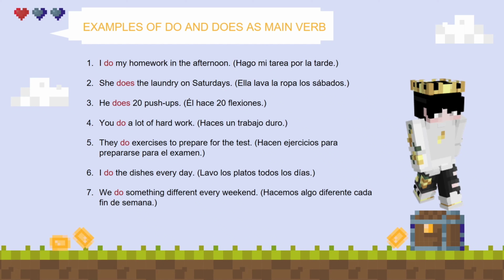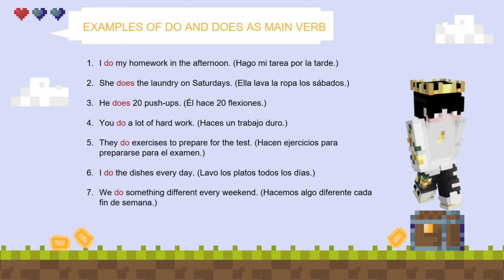Él hace 20 flexiones. Number 4. You do a lot of hard work. Haces un trabajo duro. Number 5. They do exercises to prepare for the test. Hacen ejercicios para prepararse para el examen. Number 6. I do the dishes every day. Lavo los platos todos los días.